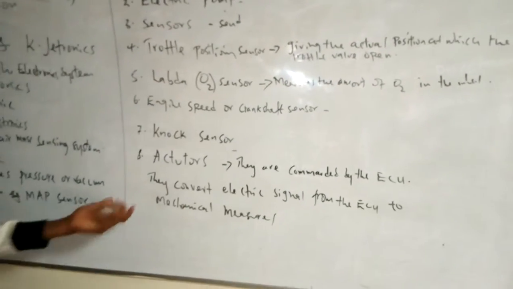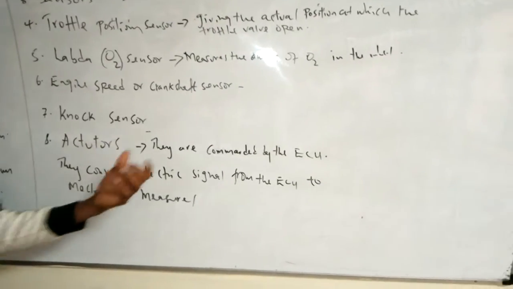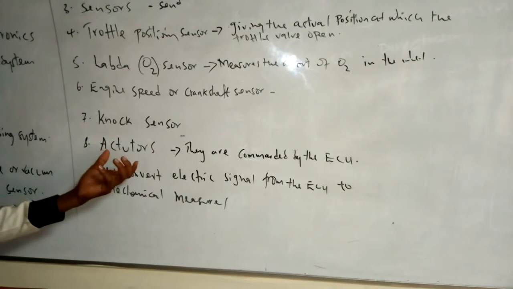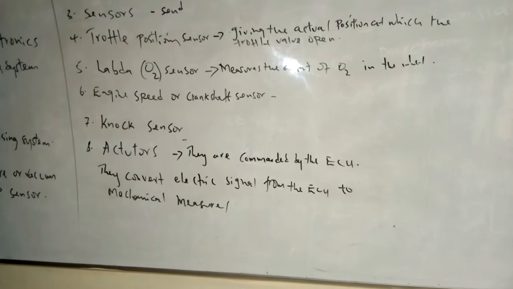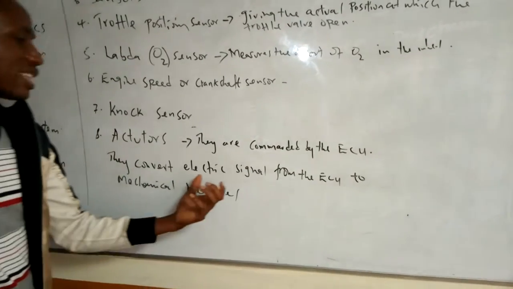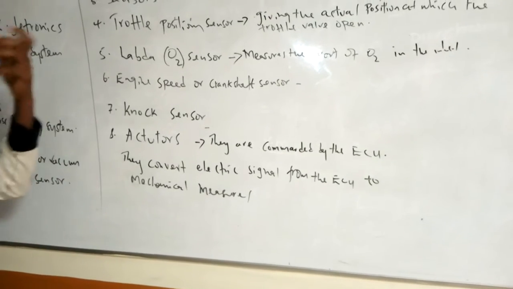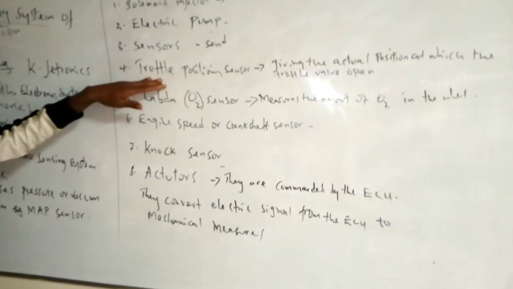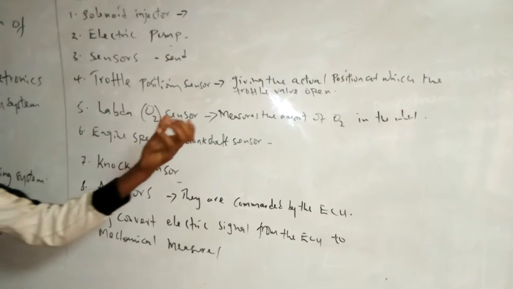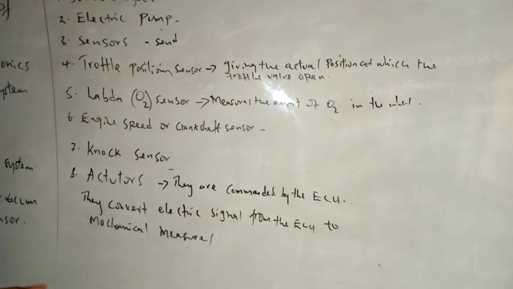Then number eight, and lastly, we have the actuators. The actuators are commanded by the ECU after receiving signals from the sensors. They convert the electric signal from the ECU to a mechanical measure. For instance, the throttle position sensor will send a signal to the ECU, notifying the actual position of the throttle valve.